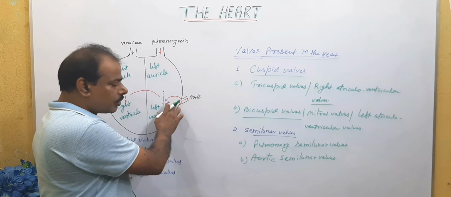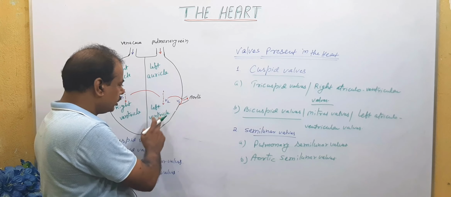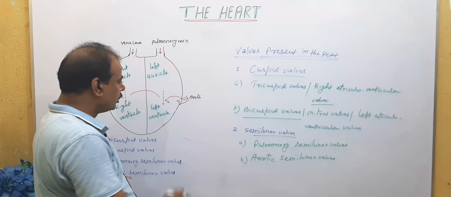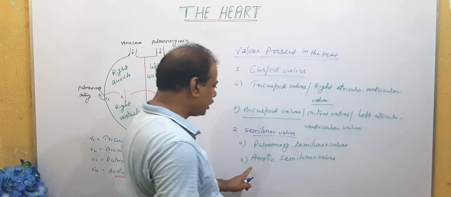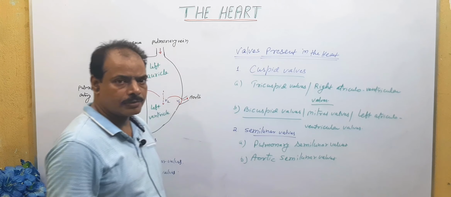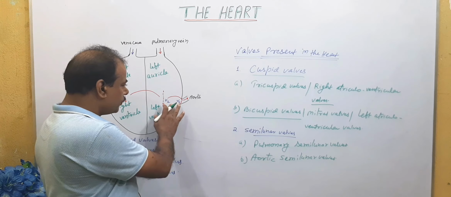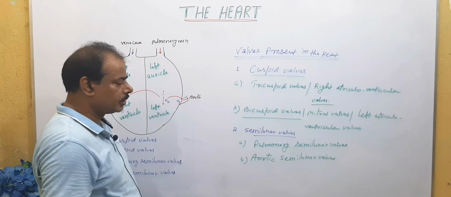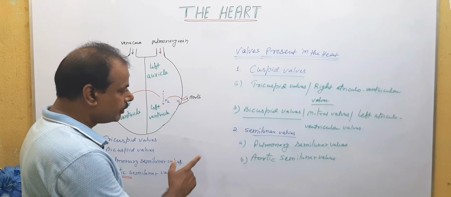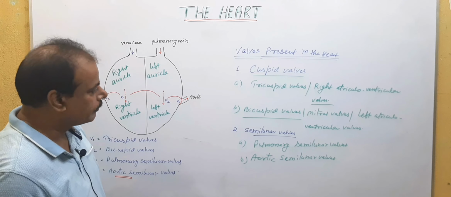So at the mouth or opening of aorta in the left ventricle, there is a valve, and this valve is known as aortic semilunar valve. It regulates blood flow towards the body parts. It prevents backflow of blood also. So in this way, semilunar valves are of two types.